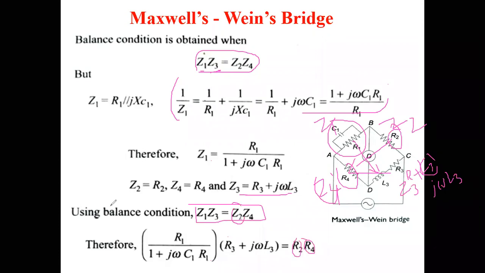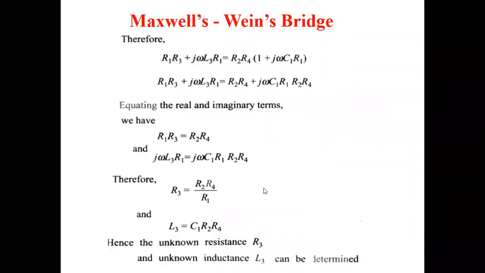Now multiplying and equating the real and imaginary parts, we have R1 R3 is equal to R2 R4, and omega L3 R1 is equal to omega C1 R1 R2 R4.